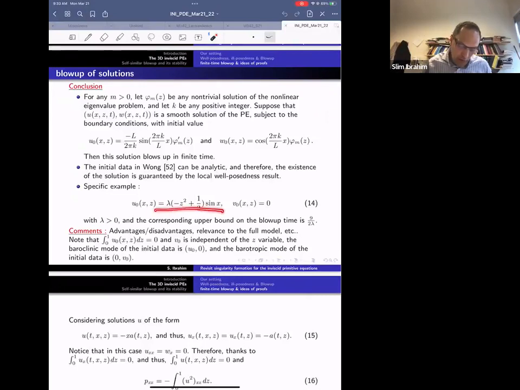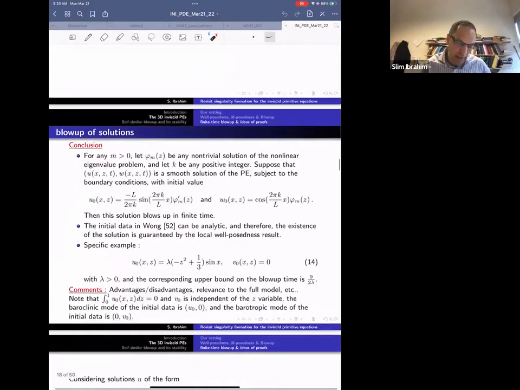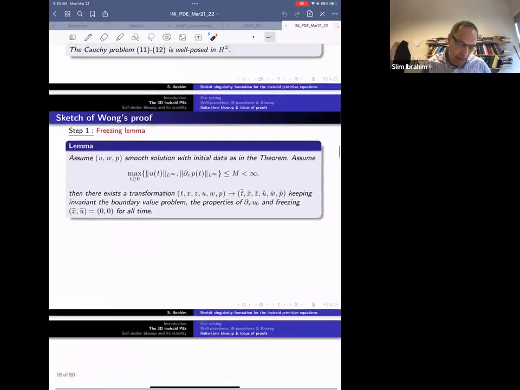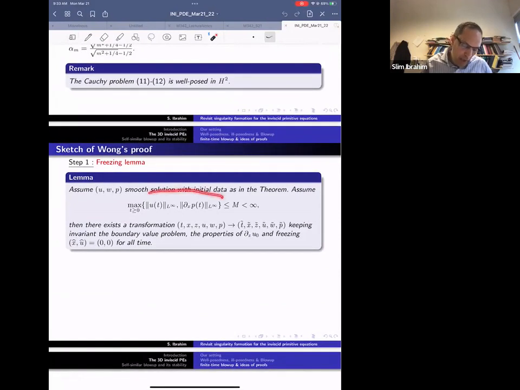So for instance, if you choose this one, the advantage is that you can apply the local well-posedness. So for that initial data, the 2D or the 3D problem has only one solution, right? And now you know that something happened to that solution. So that's Wong's result. Because remember, Wong's result doesn't say there is a singularity, but if you have an a priori bound on the velocity, if the velocity does not explode, nor the acceleration, right?